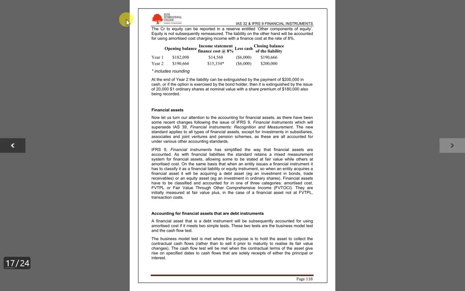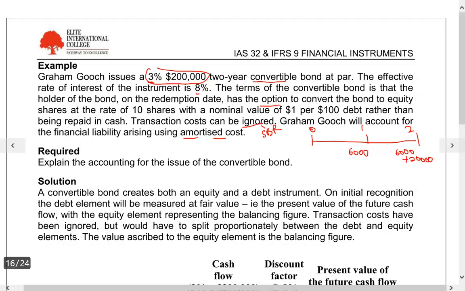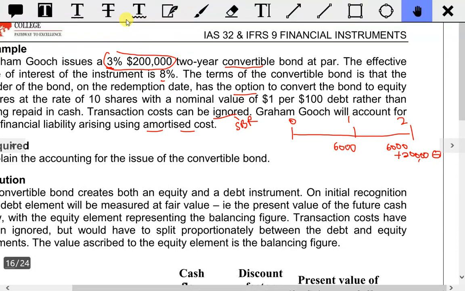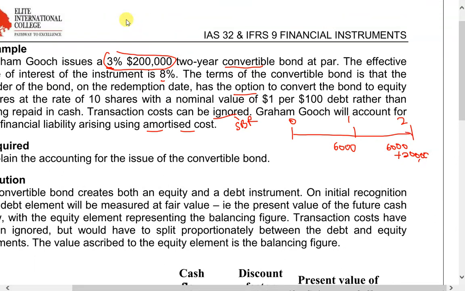Otherwise I repay 200,000. So this is my liability cash flow.